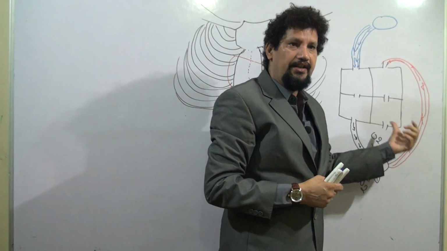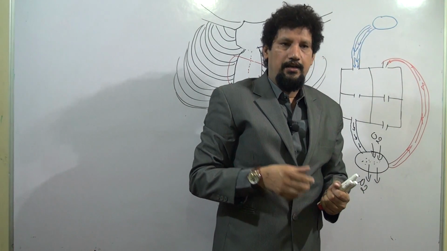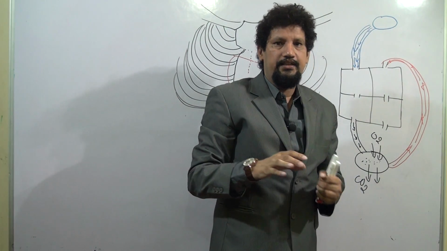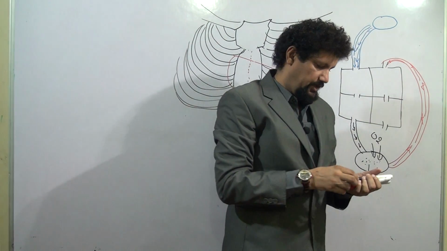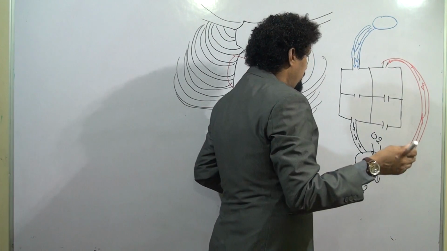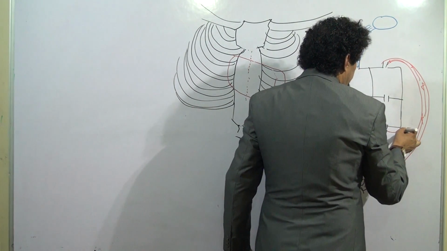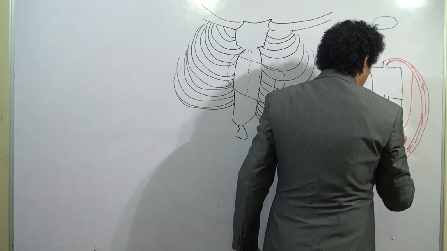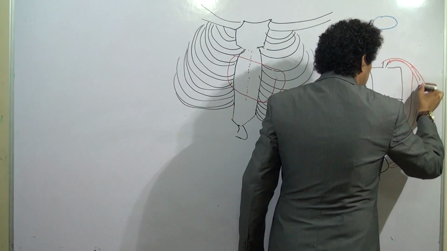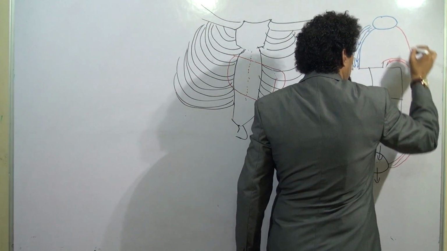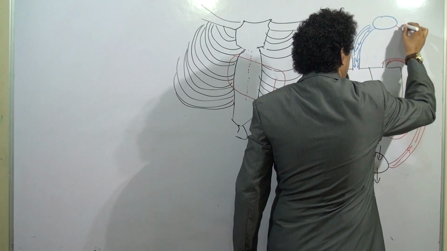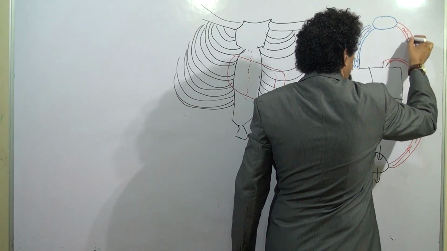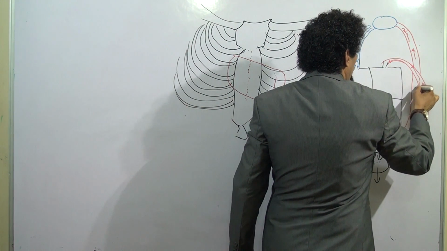The left ventricle pumps the blood in the whole body. So this blood is pumped into the tissue level. This is the direction of flow of blood.